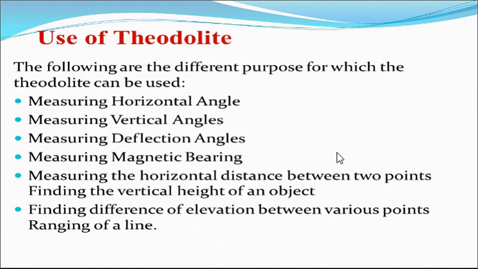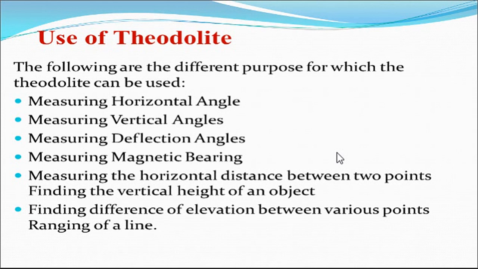These are the different uses of the theodolite. The following are the different purposes for which the theodolite can be used. First, to measure the horizontal angle, vertical angle, deflection angles, magnetic bearings, measuring the horizontal distance between two points, finding the vertical height of an object, finding the difference of elevation between various points, and ranging of a line.